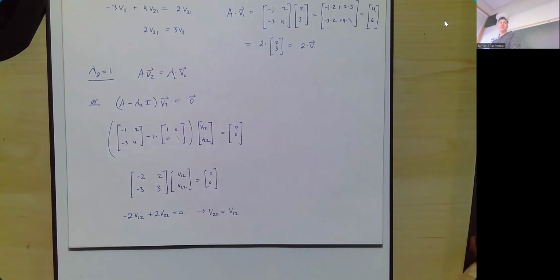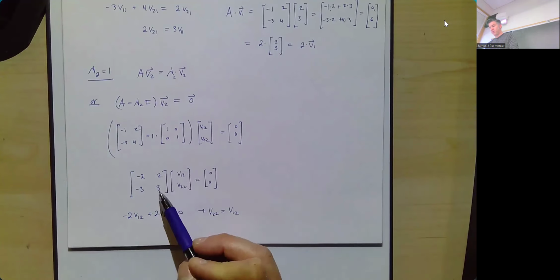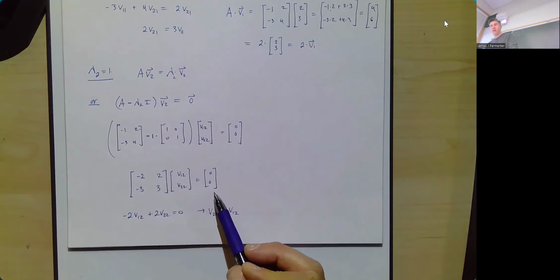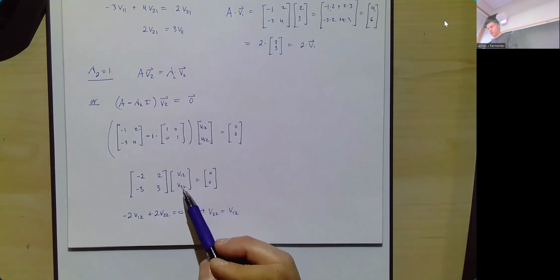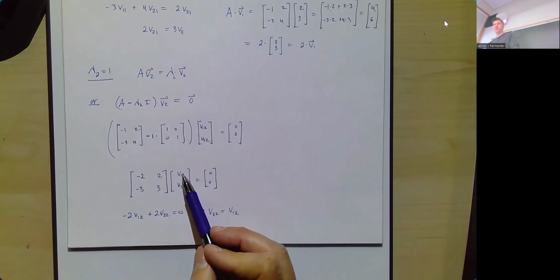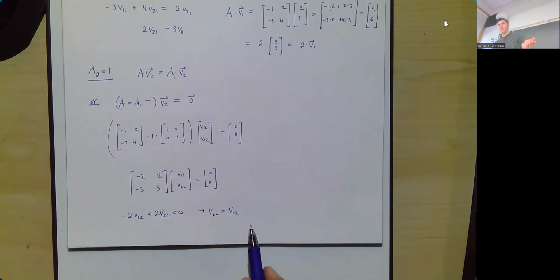And the second equation, I think you all can probably see with your eyes, is going to give you the same thing. -3 times v12 plus 3 times v22 equal to 0 ends up just being 3 times this equal to 3 times this, which means they have to equal each other, just like we found over here. So again, can't emphasize enough, you only really ever need one of these equations to figure out what v22 and v12 are going to be.